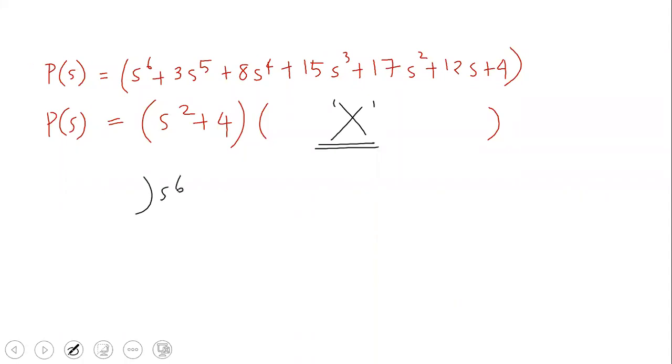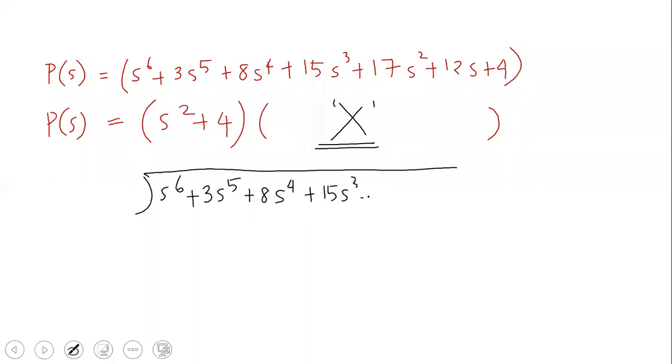So that means S raised to 6 plus 3S raised to 5 plus 8S raised to 4 plus 15S cube plus 17S square plus 12S plus 4. And this I will divide by S square plus 4. So I just do normal division. So this will be S raised to 6 plus 4S raised to 4.